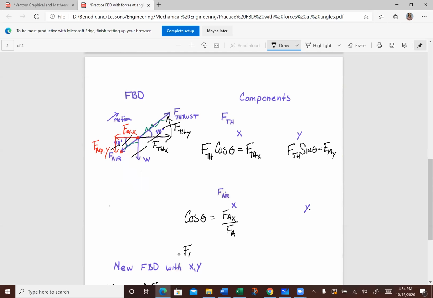So force air cosine theta equals force air X. And then you have sine theta equals force air Y all over force air. So force air sine theta equals force air Y.